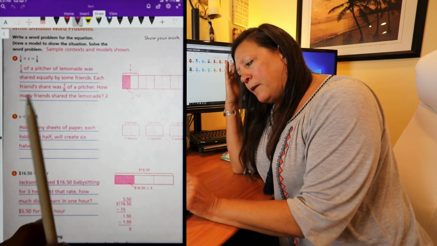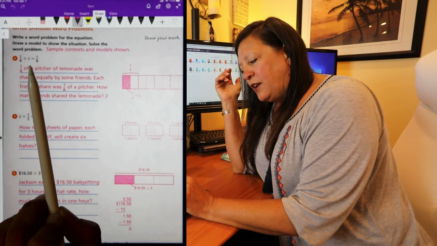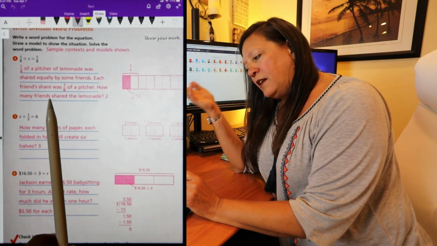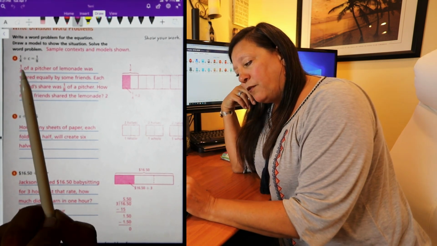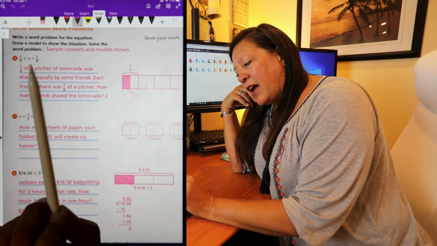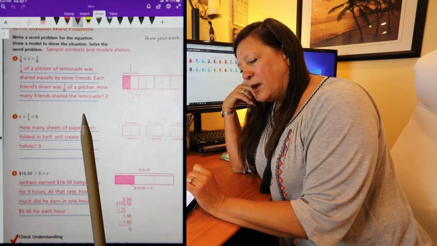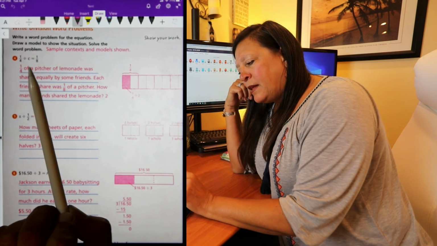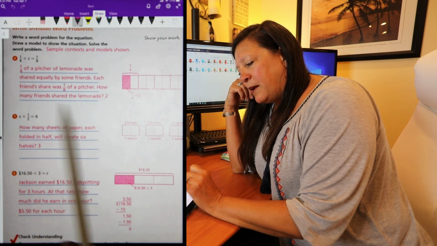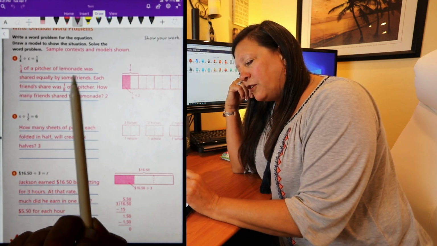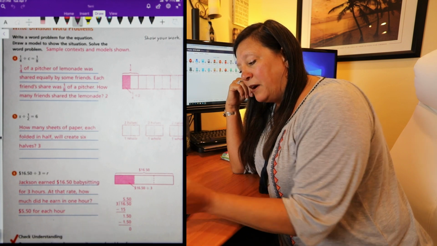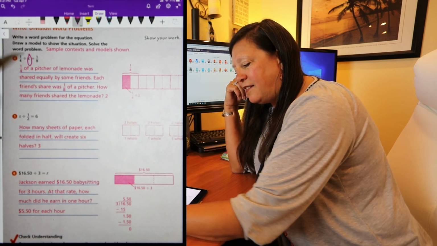Number 4, this is an example of an equation, and then underneath, an example of a word problem that it would work for. So 1/4 divided by something equals 1/8. Here would be an example. 1/4 of a pitcher of lemonade was shared equally among some friends, and that's the unknown.